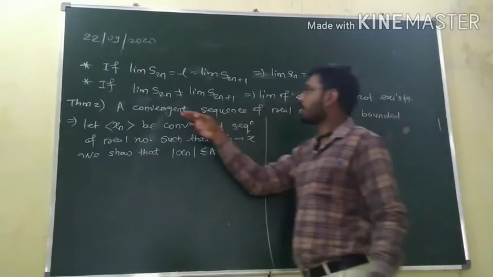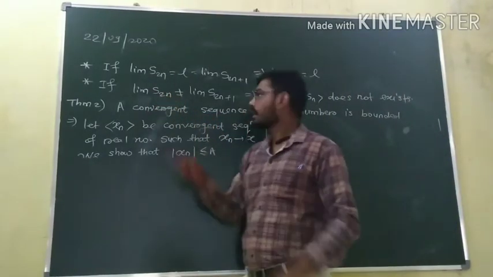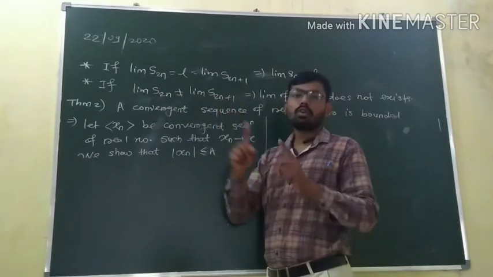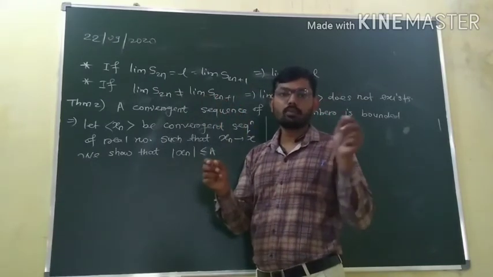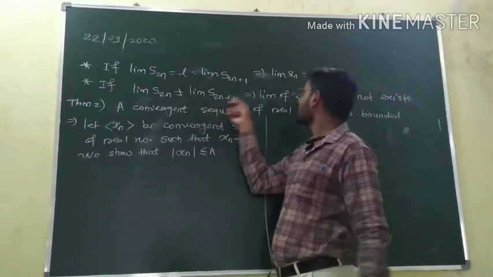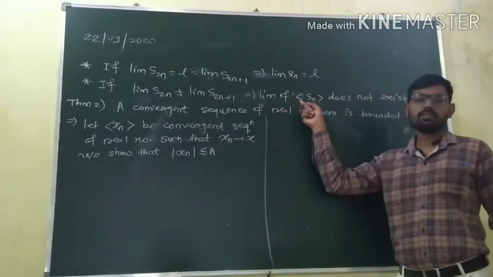Suppose the limit of S2n is 1 and the limit of S2n plus 1 is 2. Both have different limits, since 1 is not equal to 2, so the original sequence Sn does not have a limit.